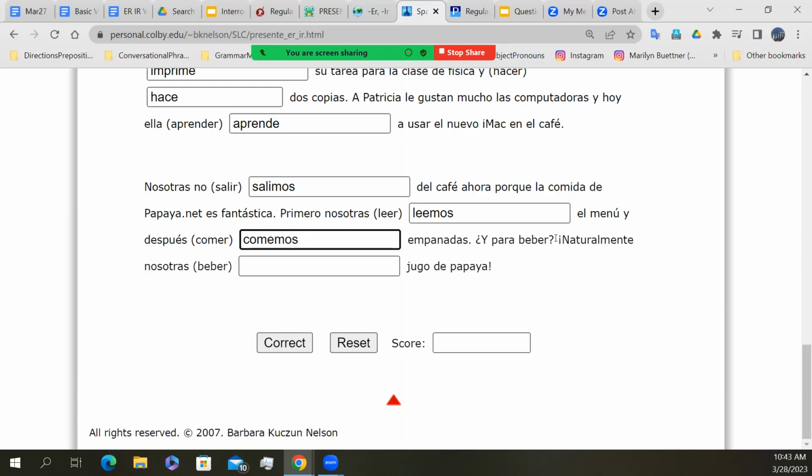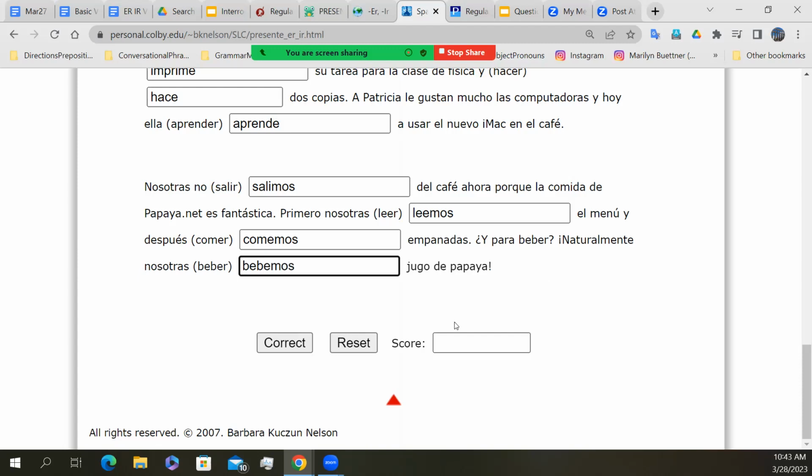Y para beber, and to drink, naturalmente, naturally, we drink papaya juice. Beber is going to become bebemos. Bebemos jugo de papaya.